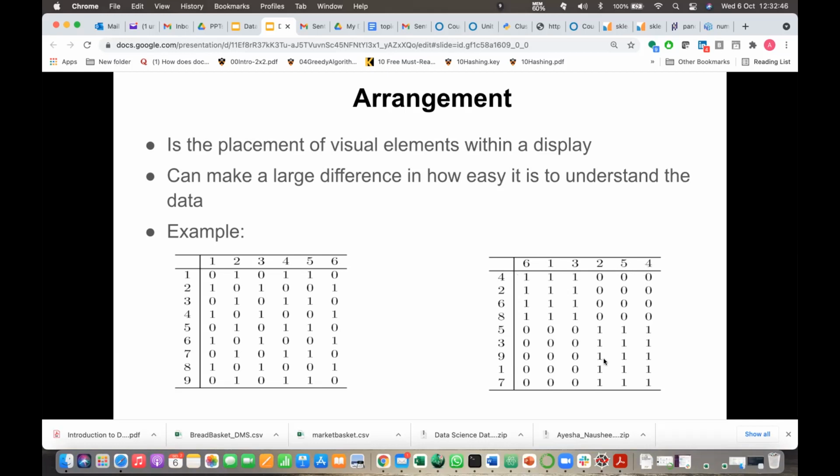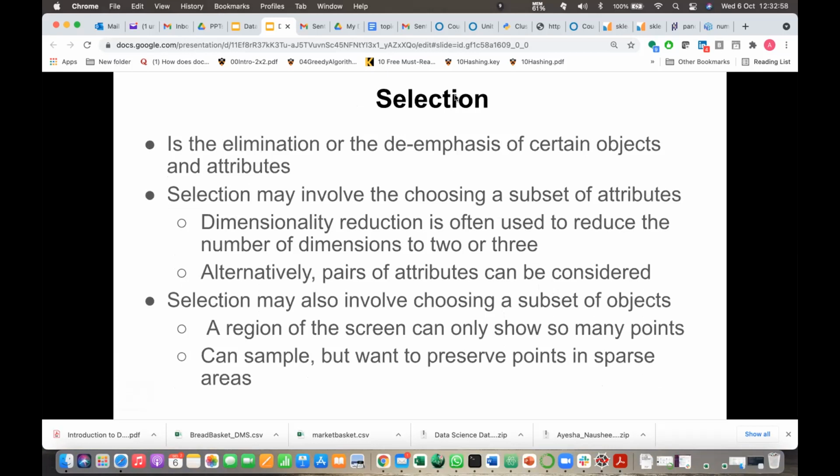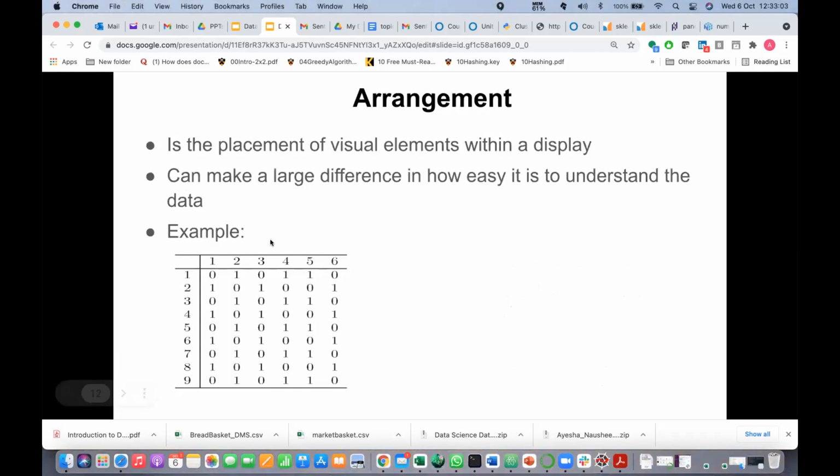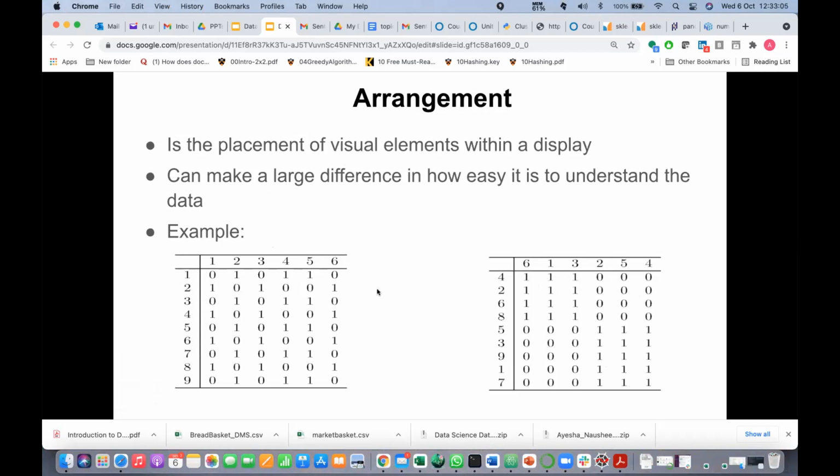Then it looks like it is easy even to count how many ones are there, how many zeros are there, instead of this. So it can make a large difference in how easy it is to understand the data. It's a simple thing. It's only a table. The table itself, how you present it, makes lots of difference to understand what is there in the data.